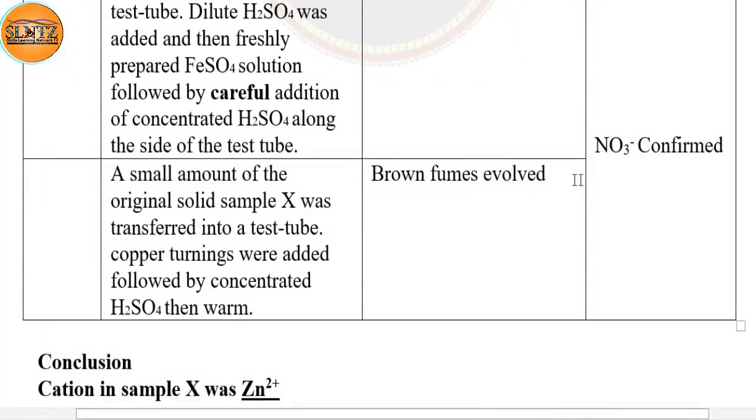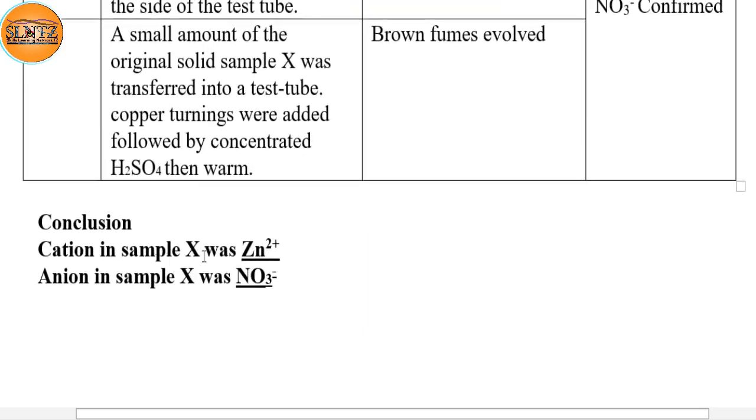A small amount of the original solid sample X was transferred into a test tube. Copper turnings were added, followed by concentrated sulfuric acid and warmed. Brown fumes evolved, and the note evolved. Nitrate confirmed, and at the end, conclusion: the cation in sample X was zinc, Zn2+ ion, and the anion in sample X was nitrate ion.